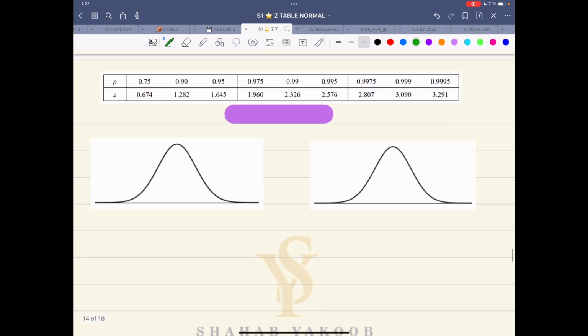Let's move ahead to rule number 4. Rule number 4 is also about negative z value. And this time, let me again draw the line and you can have a good look at it. So that's the vertical line and that is the vertical line.